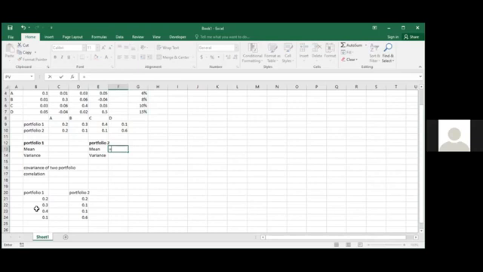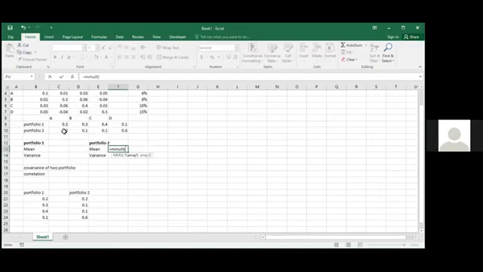Enter equal sign MMULT. It returns the matrix product of two arrays, with the same number of rows as array 1 and columns as array 2. Within brackets, we represent array 1 here. We are going to estimate the mean value of portfolio 2.